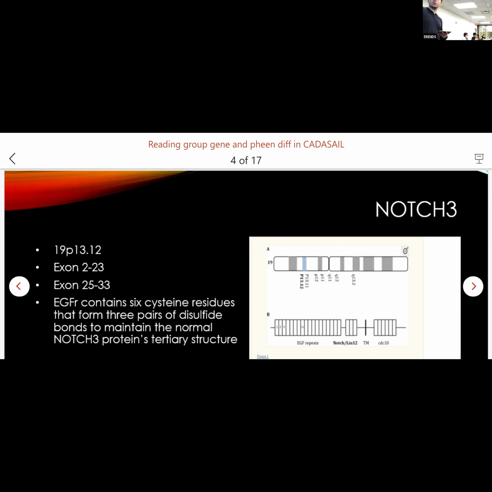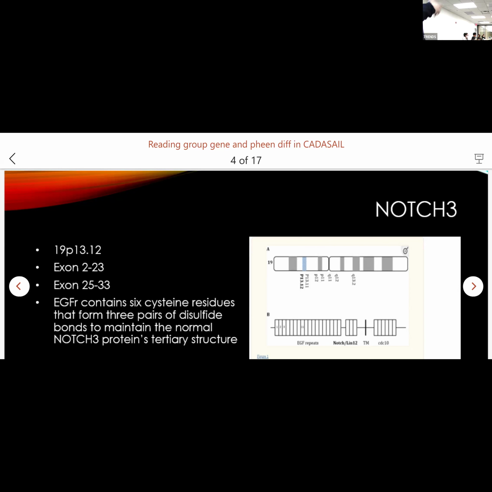How this gene typically works is that this part is mostly for extracellular interactions. Once it gets where it wants to go, this is the part we really care about. Once there, the epidermal growth factor repeats break apart and then interact within the transcriptome to influence other gene expression.